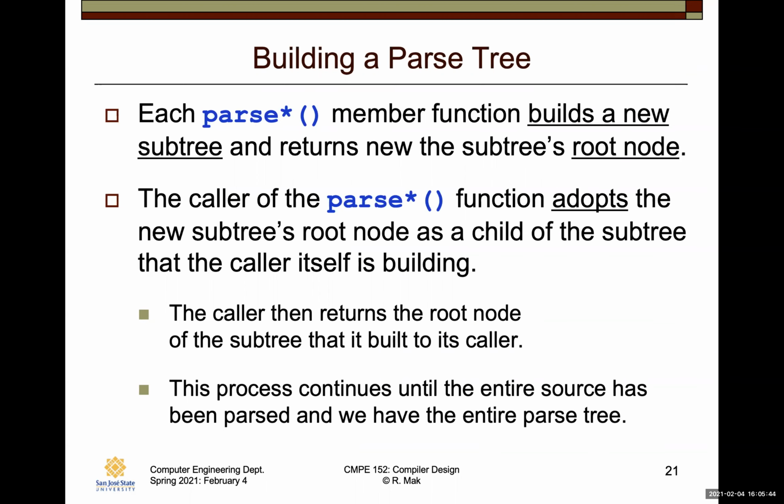So the trees are built incrementally, and this process keeps working until the entire tree is built. The tree is kind of built from the bottom up. The parsing routines will build the bottom part of the subtree, and then those subtrees are made part of a larger subtree, and you work your way up until you have the entire parse tree. And I'll show you how that works.